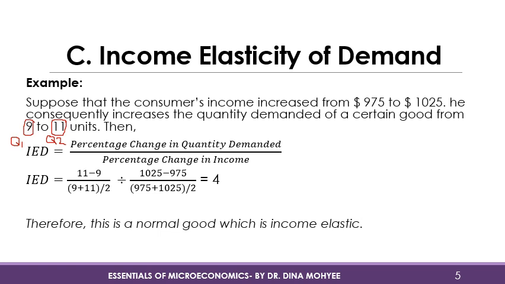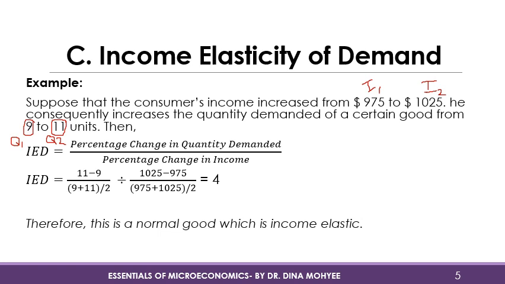Again, how do we calculate the percentage change in income? It is the new level of income, which is I2, here equal to $1,025, minus the old level of income, I1, which is equal to $975, divided by the average.